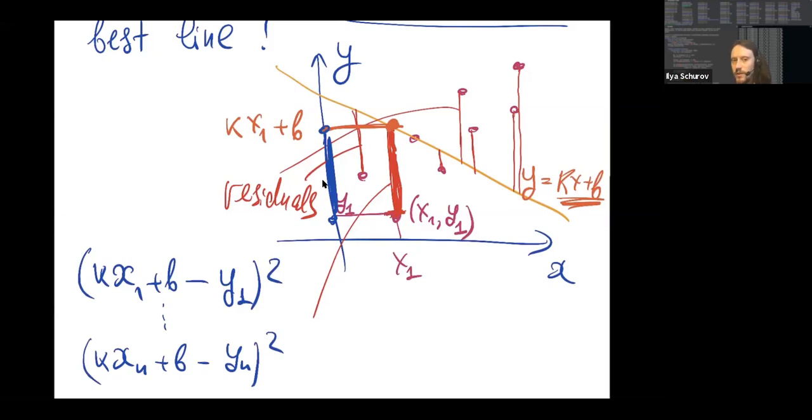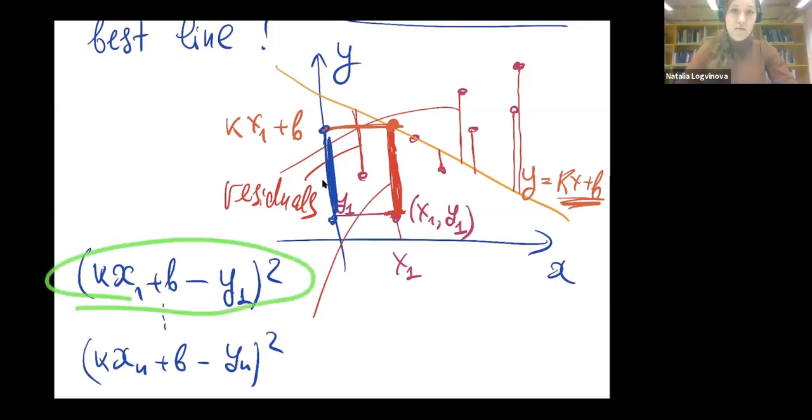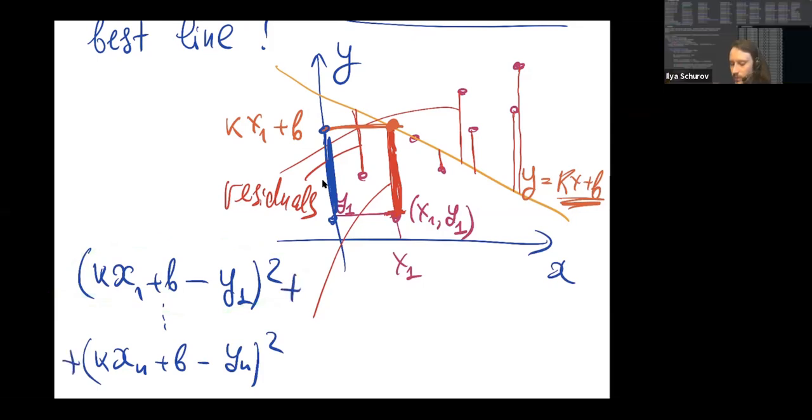And then we want to make them small. Well, in a perfect case, we want them all to be small. But we also understand that it is impossible for them to be small at the same time. So we minimize not every individual residual, but the sum of their squares. So we want to minimize this thing.